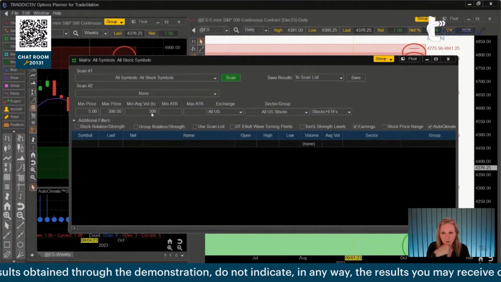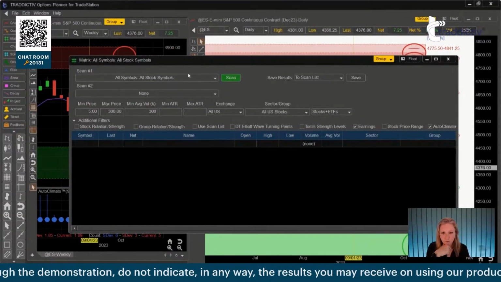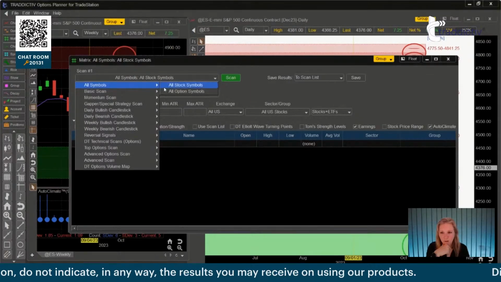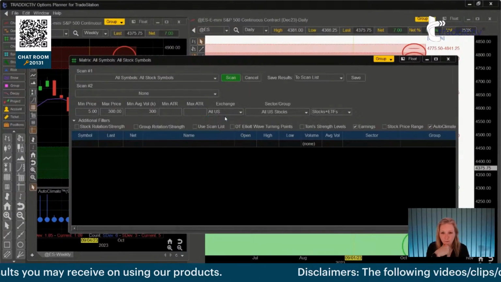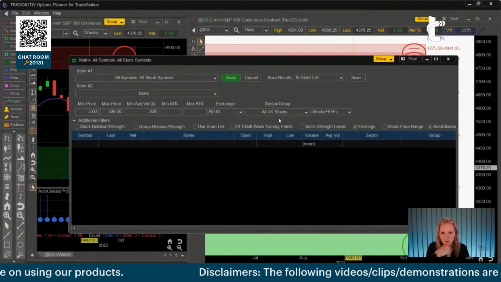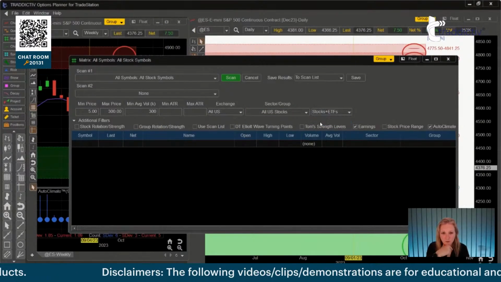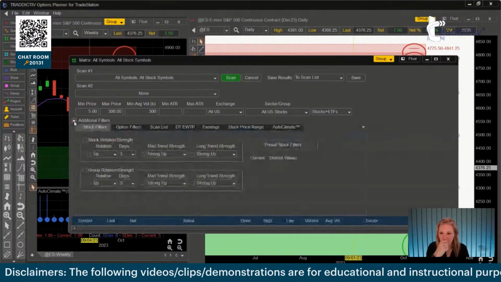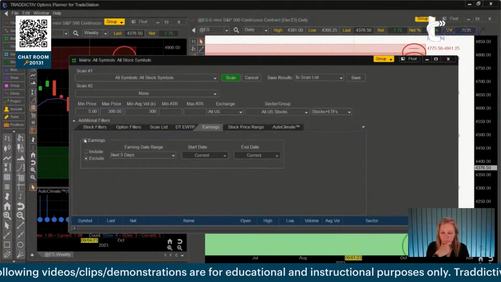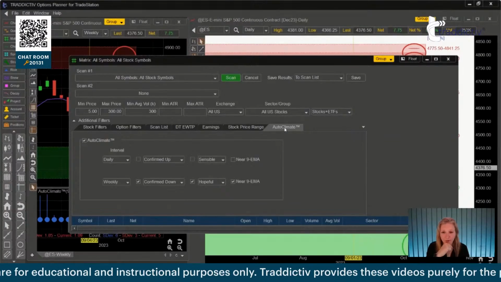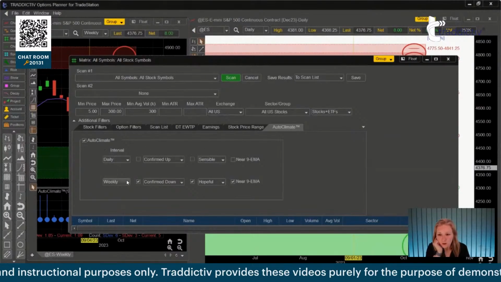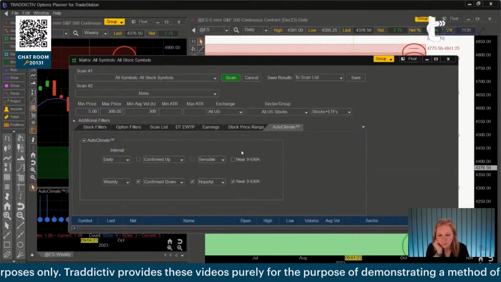So let's check, all US stocks, let me check on the right thing. Yeah, all stock symbols, all US exchanges, all US stocks, stocks and ETFs, excluding earnings that come out in the next 5 days. So something that might affect us soon. And weekly confirmed down.